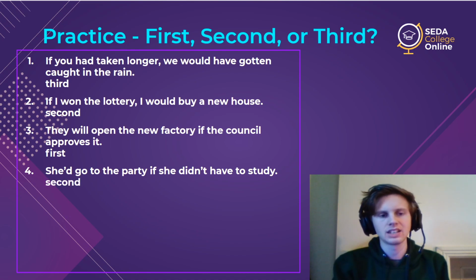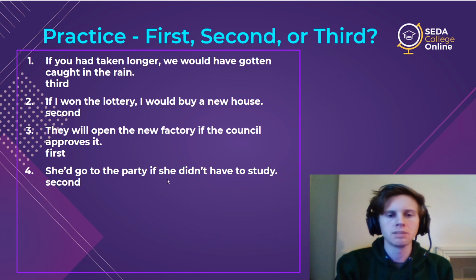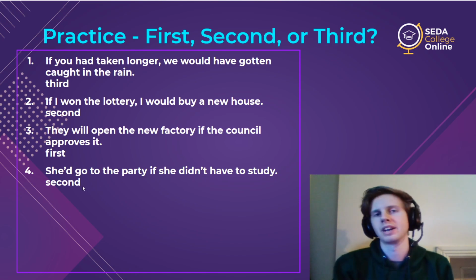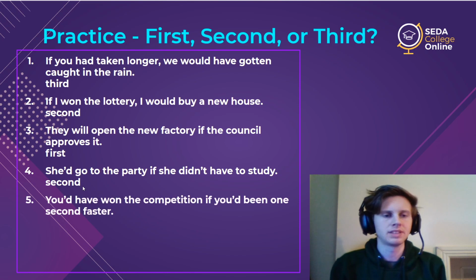Yeah, this is a second conditional. Why? Well, we have past tense. We have didn't have, and so we see didn't here, and so we know that this is a past tense sentence. And then here we have the base form go, so I know this is would. She would go to the party if she didn't have to study. Second conditional.